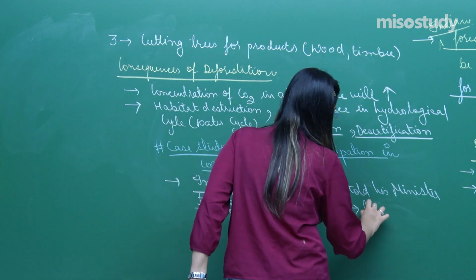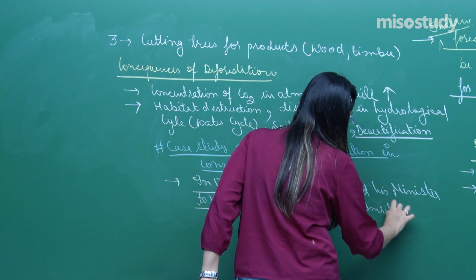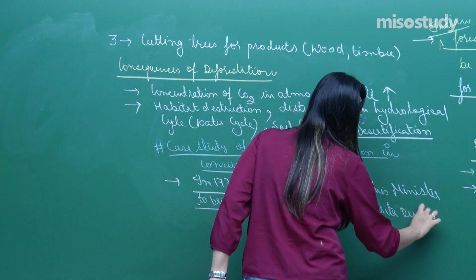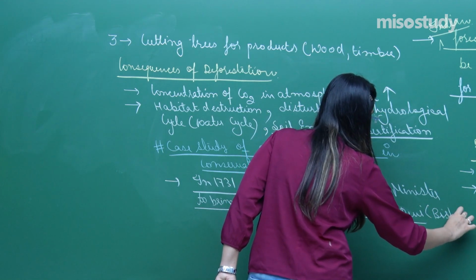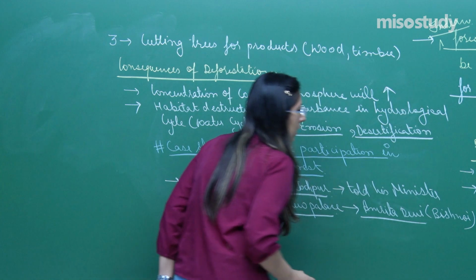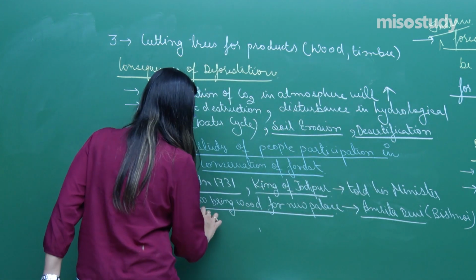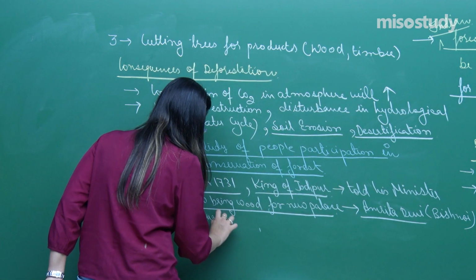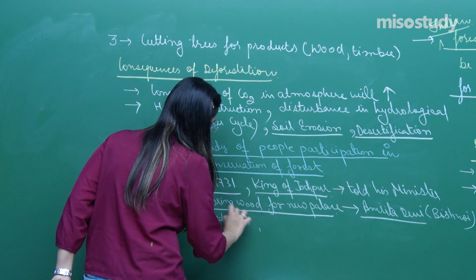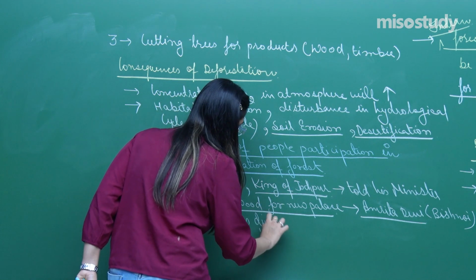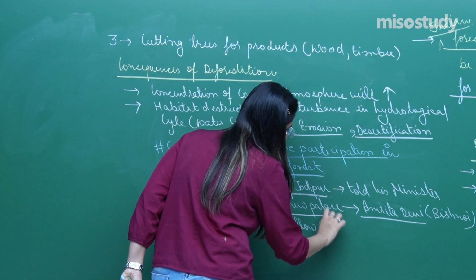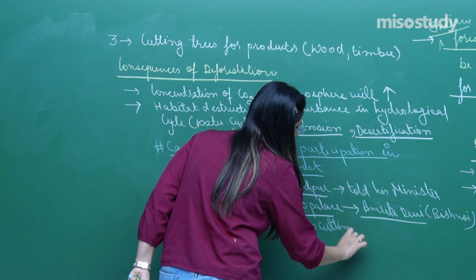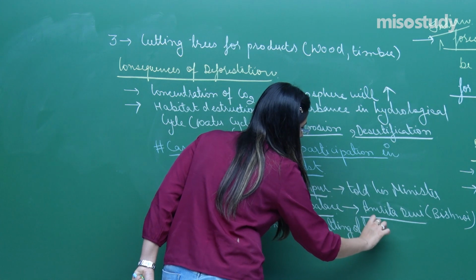So who was Amrita Devi? Amrita Devi belonged to the Bishnoi community. She hugged trees and did not allow the cutting of trees.